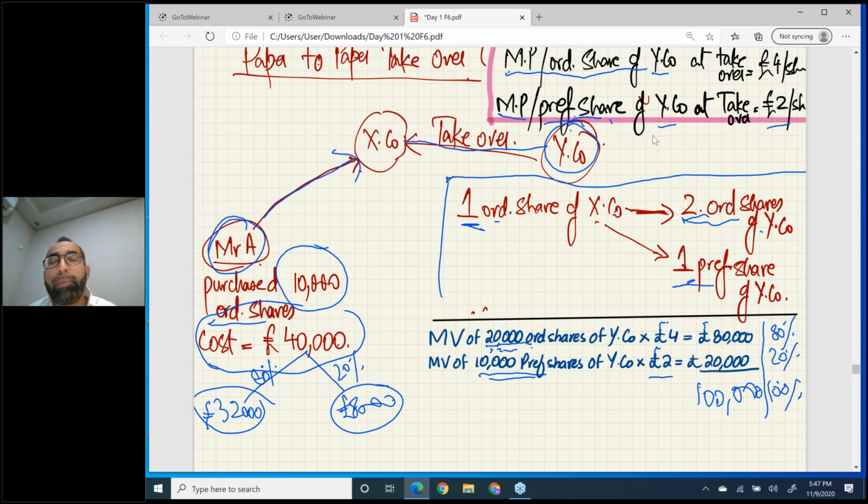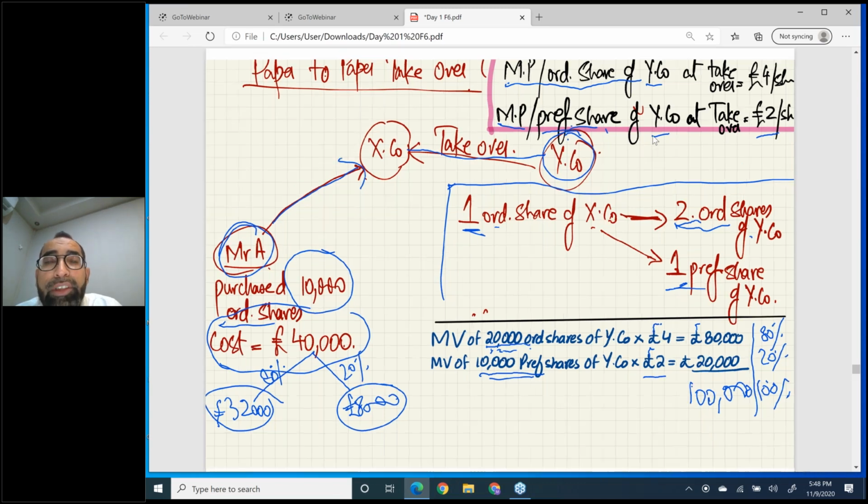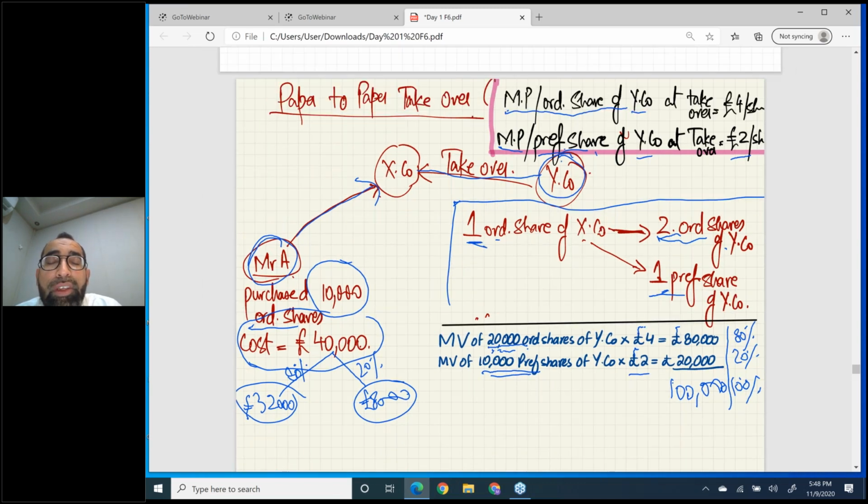That's why this apportionment is a must, because now you have two different classes of shares. This apportionment is done using market values of Y company's shares at the date of takeover.